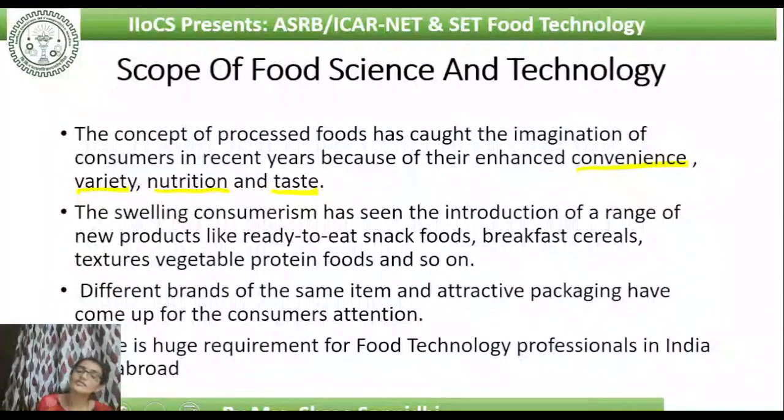These are all convenient instant foods. Different brands of the same item and attractive packaging have come up for the consumer's attention. That's why there is a huge requirement for food technology professionals in India and also abroad.